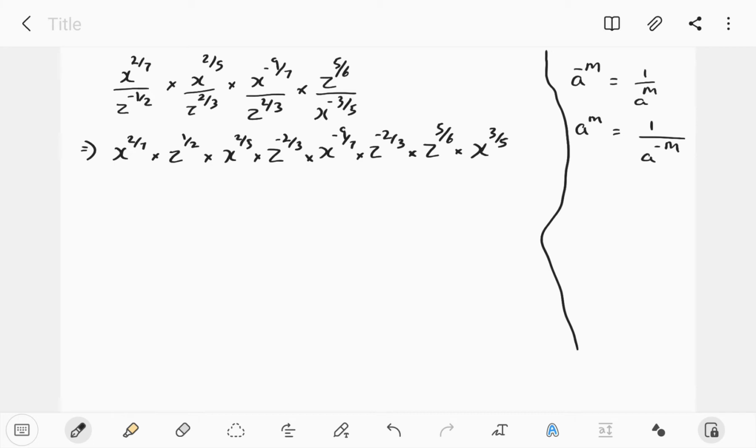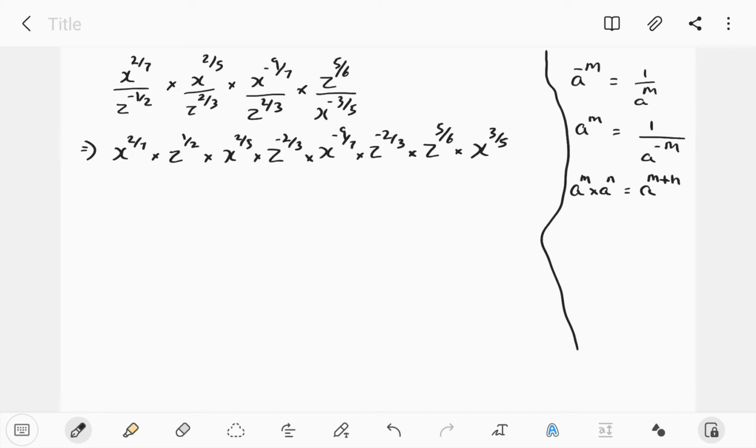Now, we have to use another property of exponents over here. A power m into a power n would give me a power m plus n. This property is that when I am multiplying two exponents where the bases are the same but the powers are different, that is a power m into a power n, the base remains the same, but the powers are different.